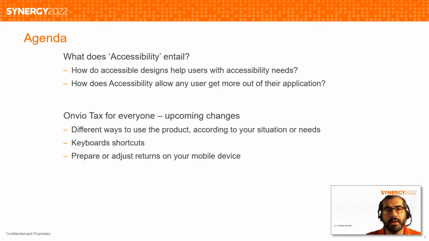Following on that, we'll take a look at keyboard shortcuts and how it's important to offer a product that's accessible completely using the keyboard as opposed to the mouse. And then lastly, we'll get into an example of using Onvio on the smallest screen size possible, the mobile device. So preparing or adjusting a tax return on your mobile device.